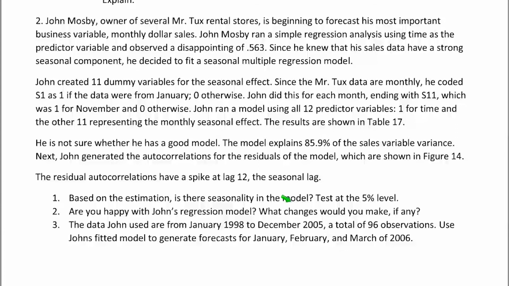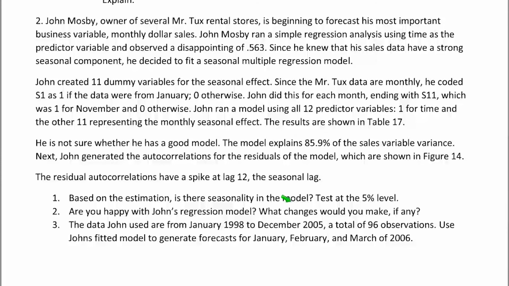Since he knew that his sales data have a strong seasonal component, he decided to fit a seasonal multiple regression model. John created 11 dummy variables for the seasonal effect. Since the Mr. Tax data are monthly, he coded S1 as 1 if the data were from January, 0 otherwise. John did this for each month, ending with S11, which was 1 for November and 0 otherwise.